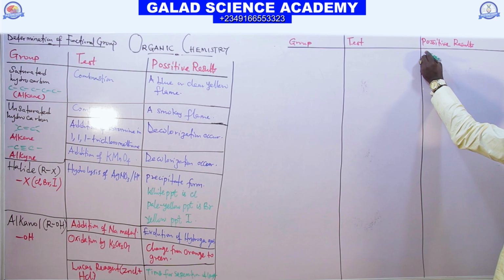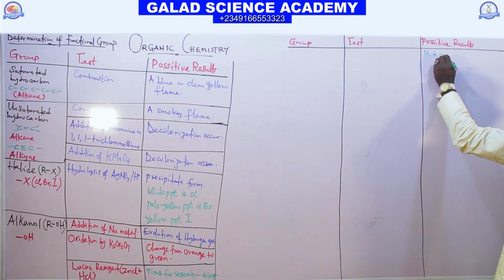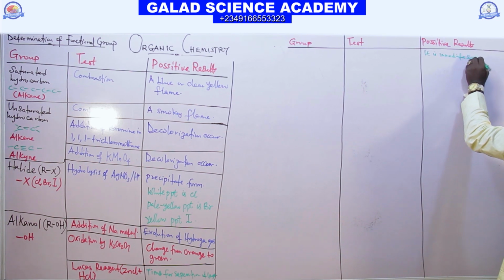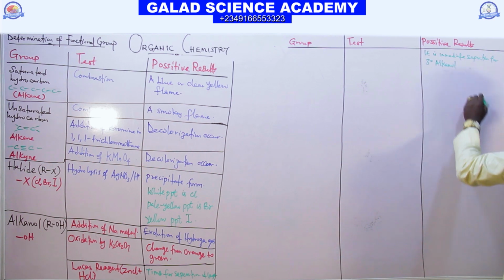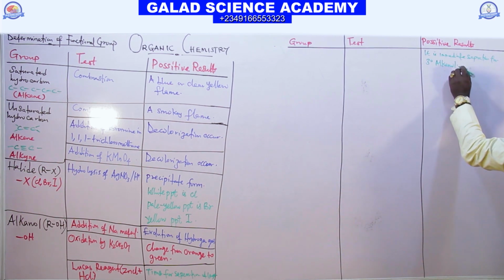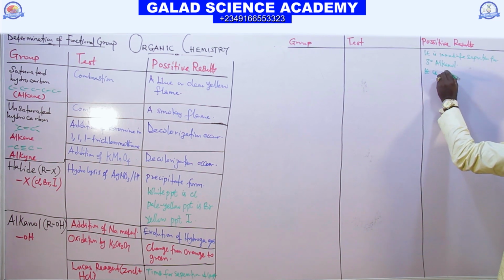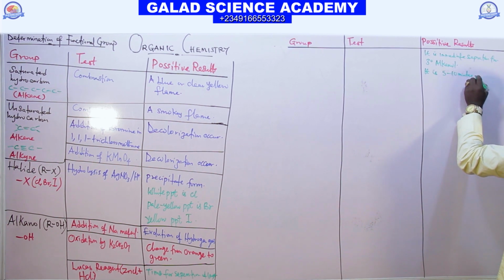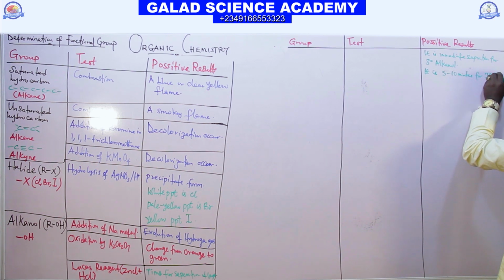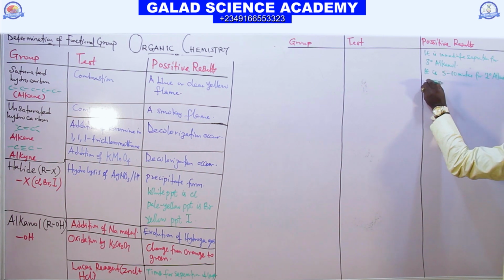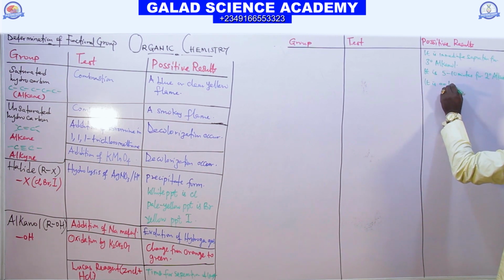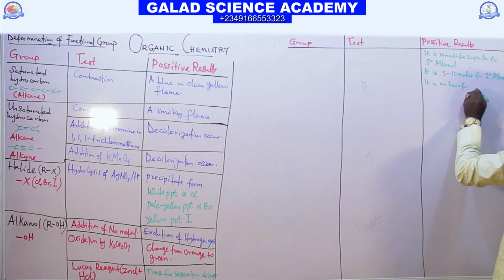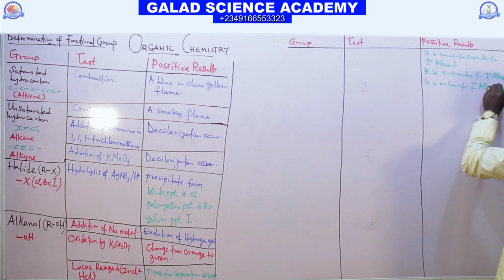It is immediate separation for tertiary alkanol, but it is 5 to 10 minutes for secondary alkanol, and it is an hour for primary alkanol.